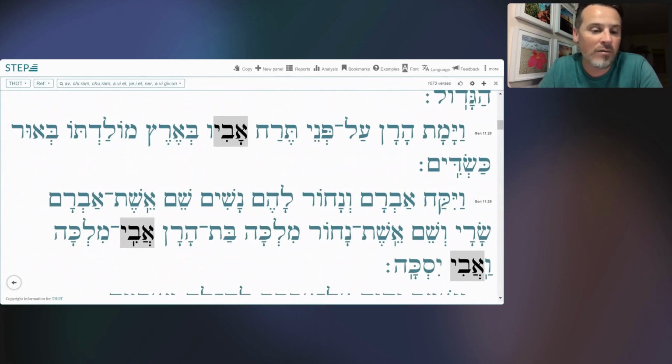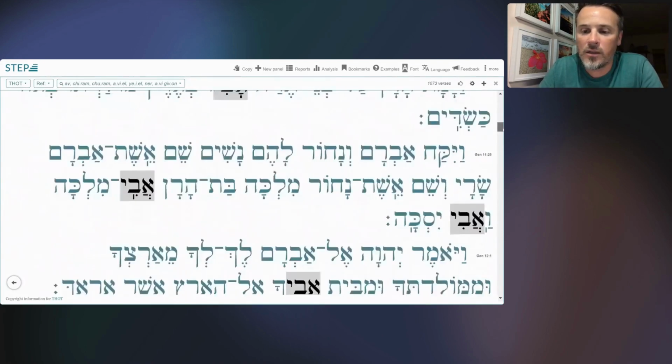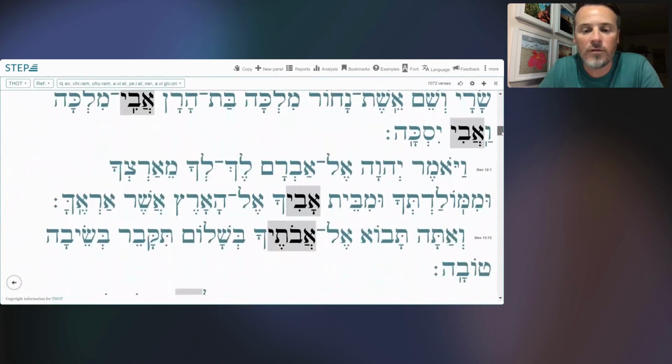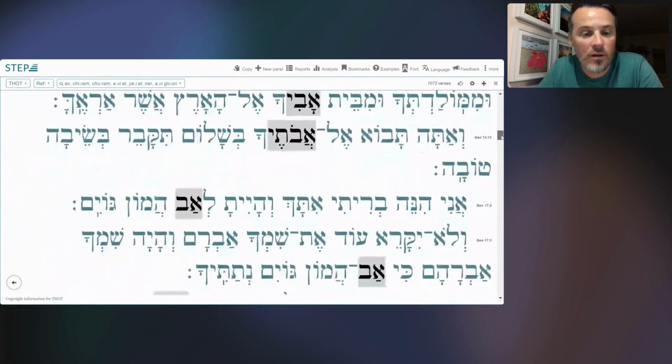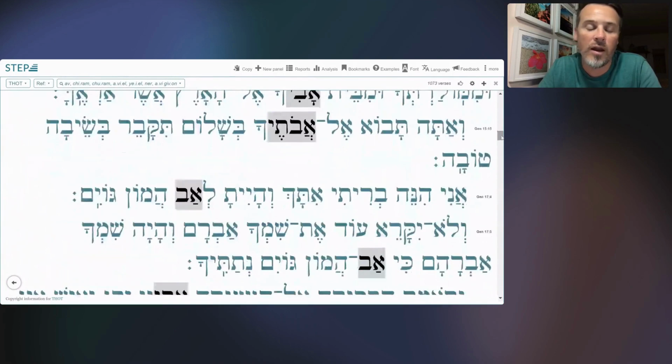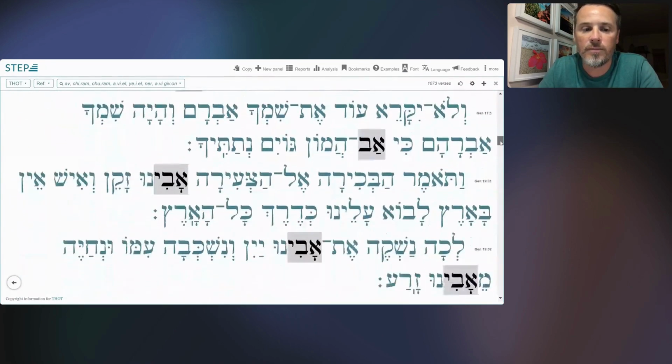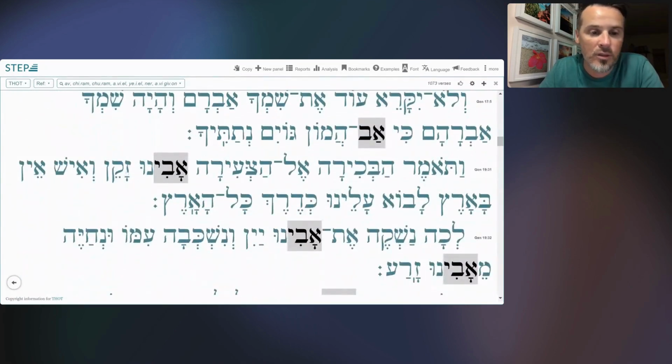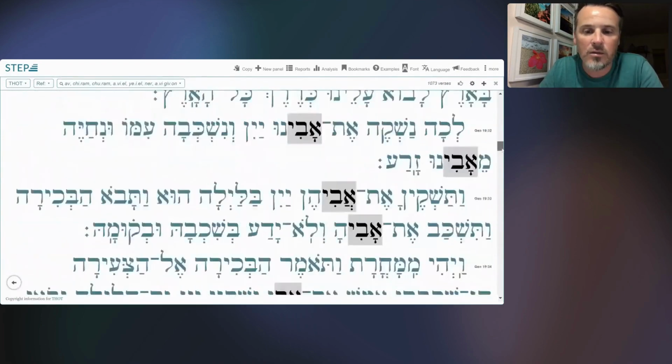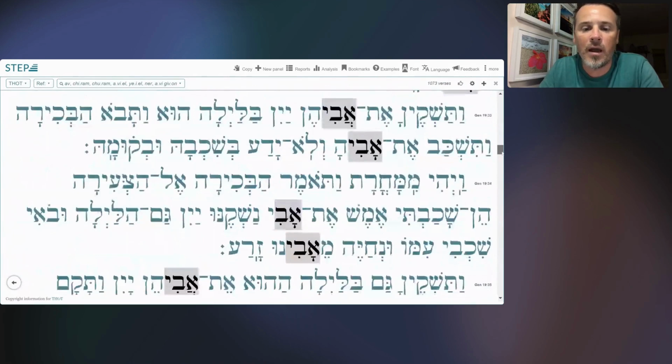So av, abba, and there are many different forms that can be attached in front of or after this, suffixes and those sorts of things. So we have the av, there's a preposition on the front, and here we have avinu with these different suffixes, and so there's lots of things that av can be working with.